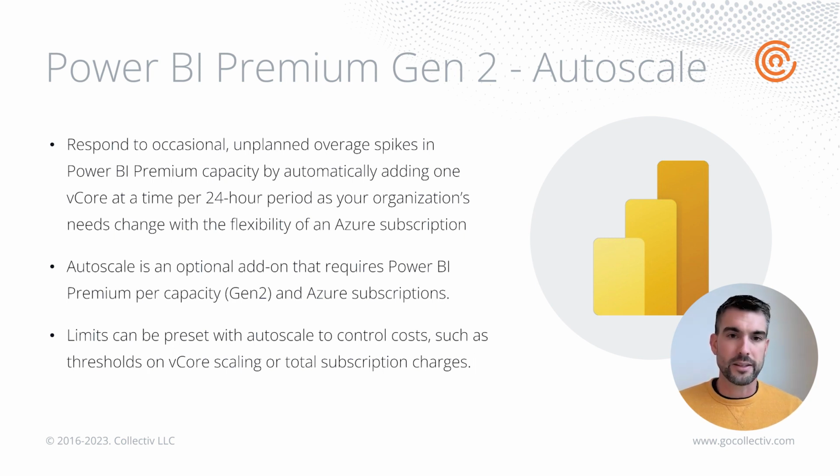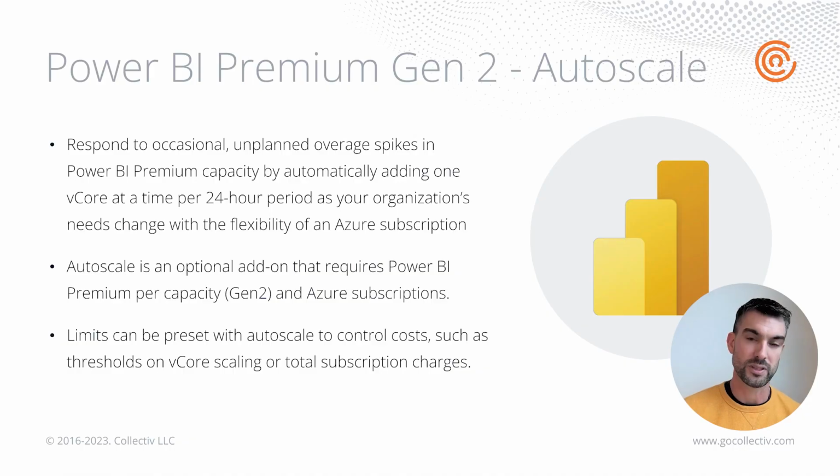So in that scenario where I have all 500 or all 1,000 users hitting a specific report at the same time, everybody's looking at it at 8 a.m. in the morning, Power BI is going to recognize that, hey, I'm seeing a ton of usage and I'm seeing my performance spike. What Autoscale is going to do is automatically recognize that and scale you up to the next tier so that performance is no longer an issue and your end users stay happy and they can actually use that report.